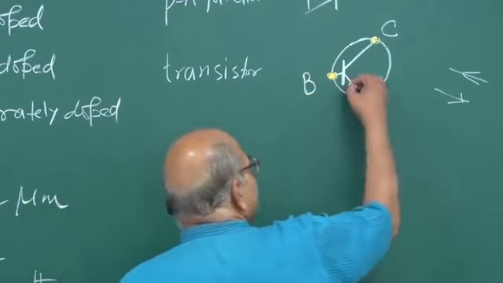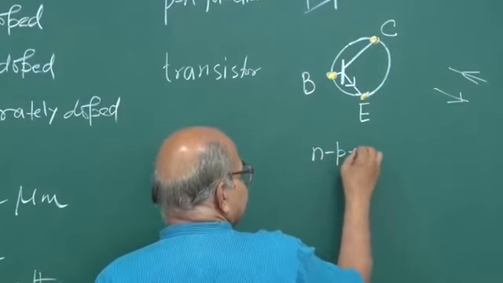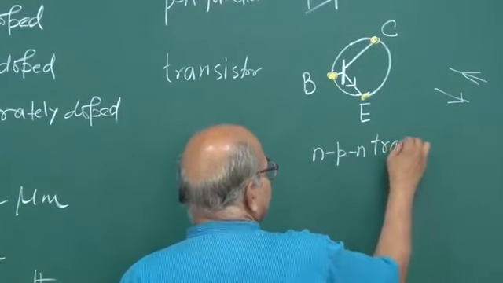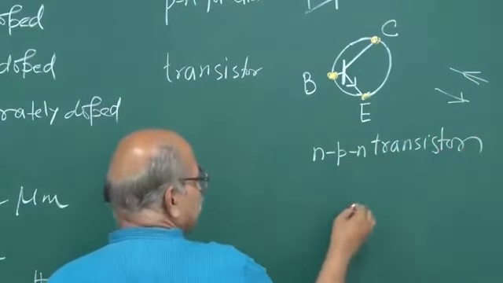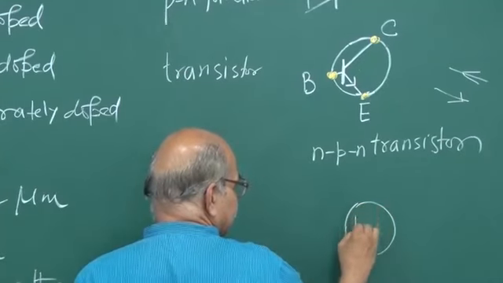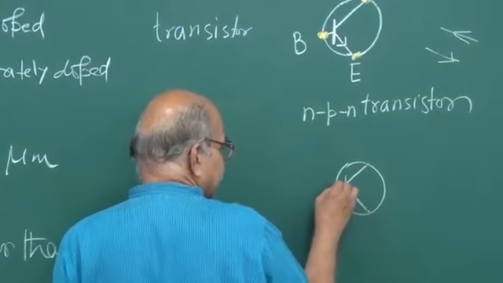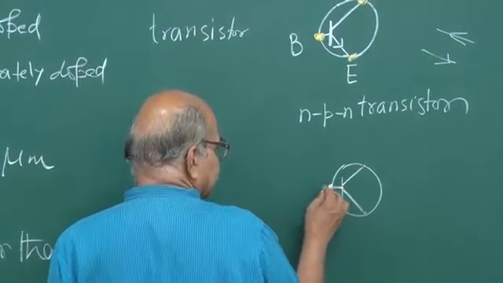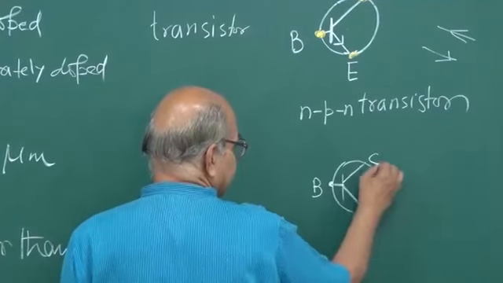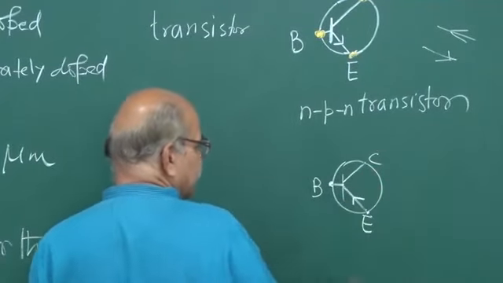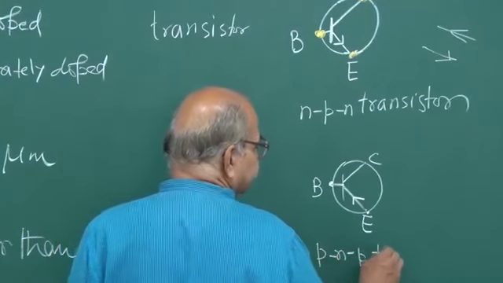If I put an arrow here, this is the symbol for an NPN transistor. And if I put the arrow in the other direction, with two lines coming like this, and the third line like this is the base, then this is the emitter and this is the collector, and this is a PNP transistor.